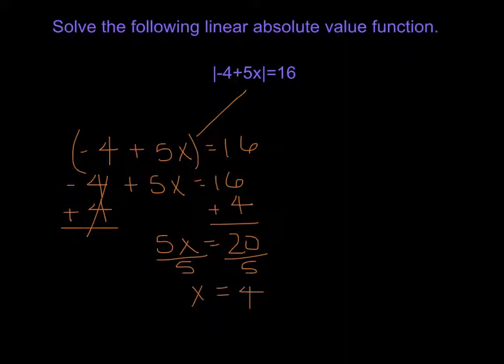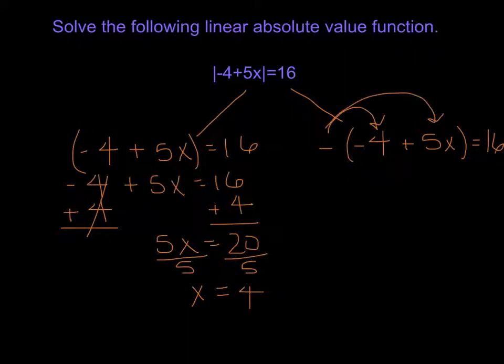The alternative is when the input value is negative. So let's look at it from this side. So just as any equation, you have to distribute that negative through all terms inside the parentheses. So a negative 1 times a negative 4 is a positive 4.